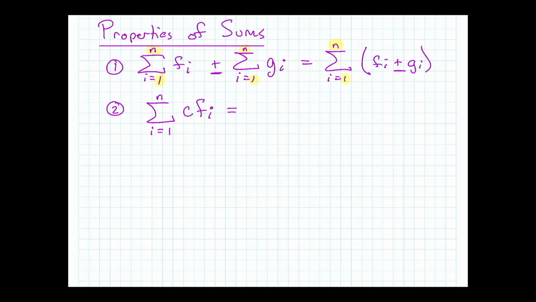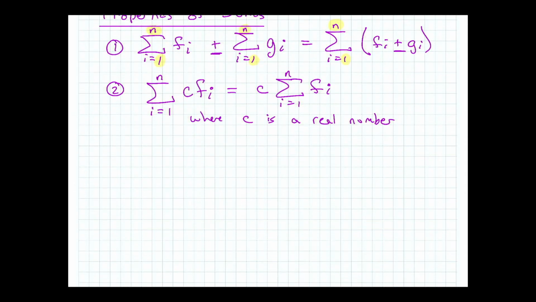So this is where c is a real number. You can take the c out of the sum. So you can put the c outside and just leave the formula inside. And we're going to see examples of these all in a moment, so don't get stressed out about that.